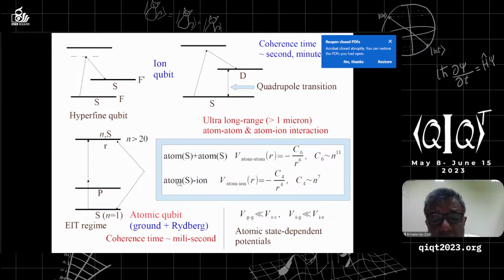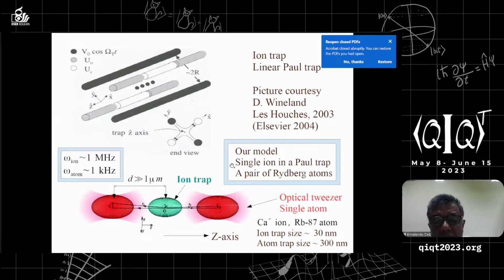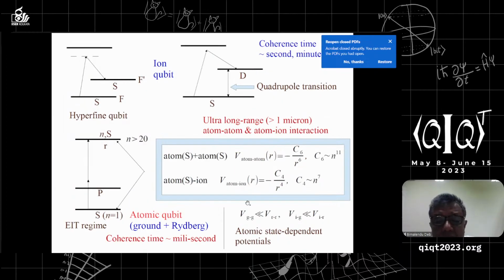But what about this atom-ion interaction? If the atom is in the S state, the ground state, the ion interacts through its Coulomb field. So the interaction between atom and ion, as we discussed earlier, for a charged particle and a neutral atom, is minus C4 by r to the power 4.